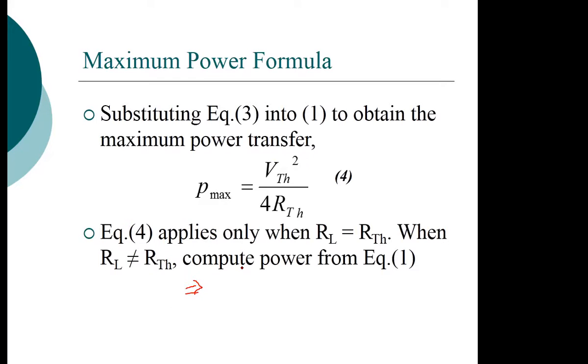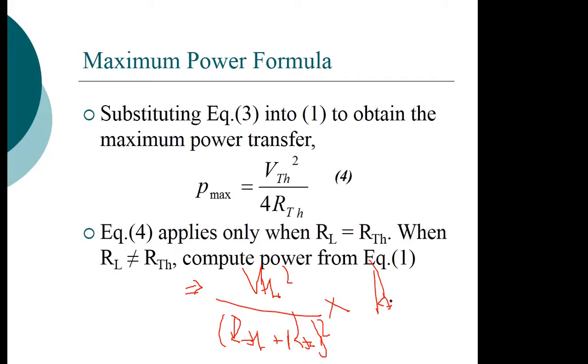Your mathematics tells you that it is V Thevenin squared over (R Thevenin plus R Thevenin) squared, multiplied by R Thevenin. We said that occurs when R is equal to R Thevenin.